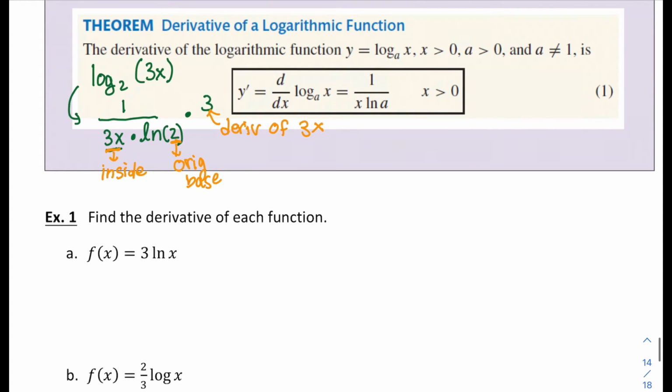Okay, so if you're looking at this first one here, f prime of x is just 3 times, and then doing my derivative, 1 over x times the natural log of, well, this is base e, so natural log of e, times the derivative of x, which is just 1. So we just get 3 over x.